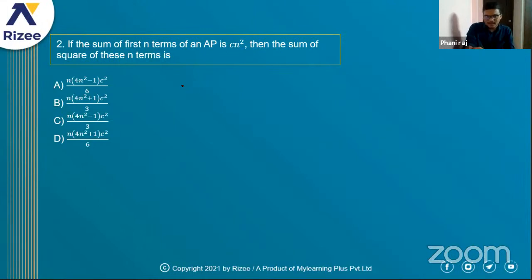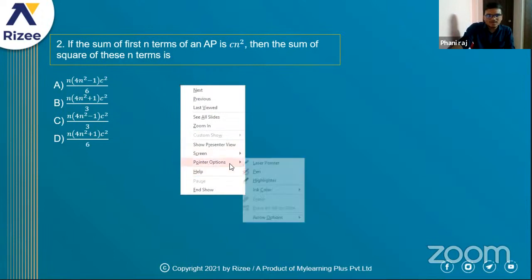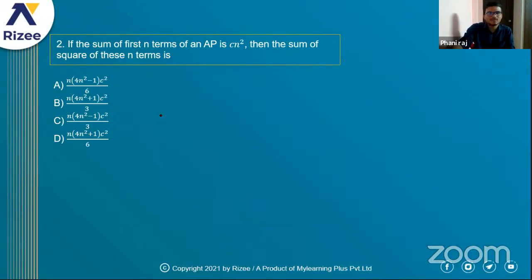Now we come to the second question. So now it says what? Okay, sum of the first n terms of an AP is Cn square. Correct? Now you see, we all know this logic, right?